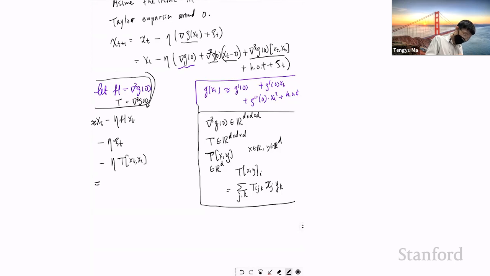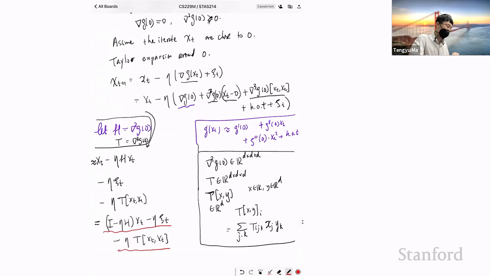So this is (I minus eta H) x_t minus eta ξ_t minus eta T(x_t, x_t). What I was hoping for you to see is that the third order term is something new, but the first order term and second order term are not new. The noise term and the linear term are exactly what we had before, right?